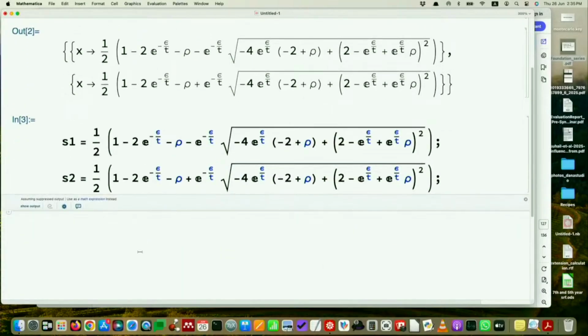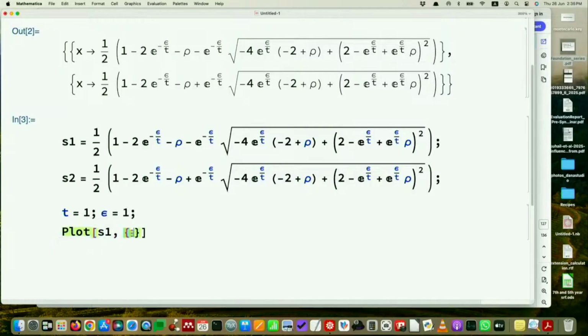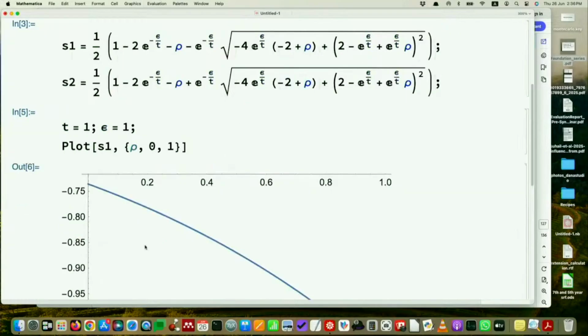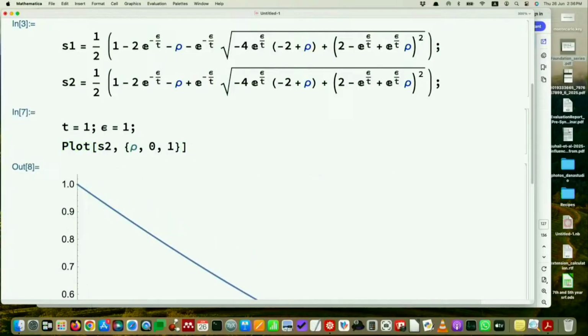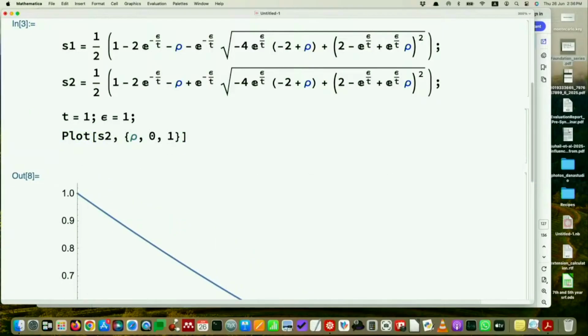Let us choose temperature T equals 1, epsilon also equal to 1, and plot S1 for rho from 0 to 1. And that is negative. So S1 is the wrong answer. If I put S2, I get the right answer. It is positive. So we'll choose the one of the roots which is positive.